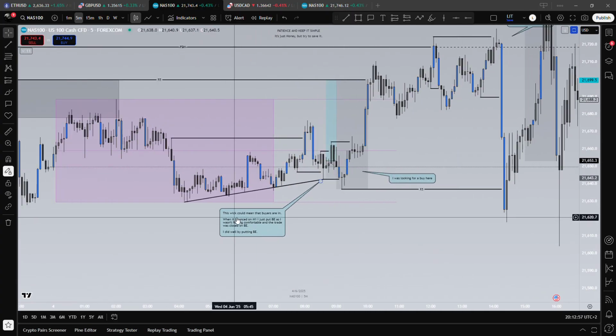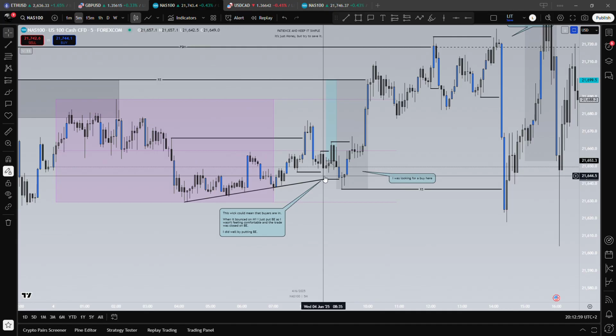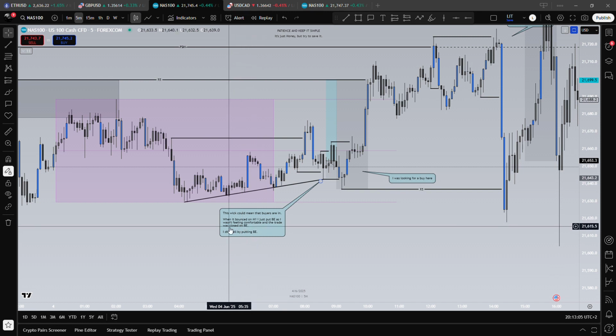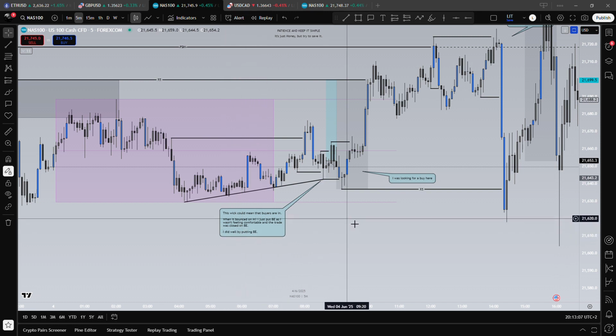Here I explained that this weak move could mean that buyers were in. I wasn't feeling comfortable. I did well by putting the break even.